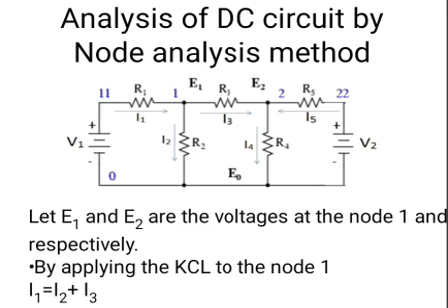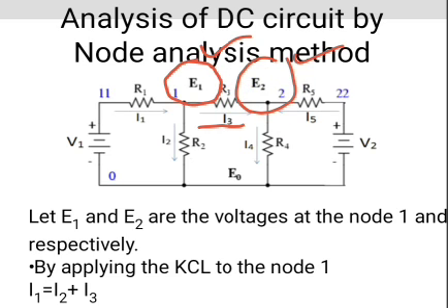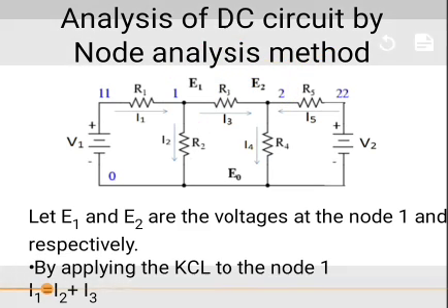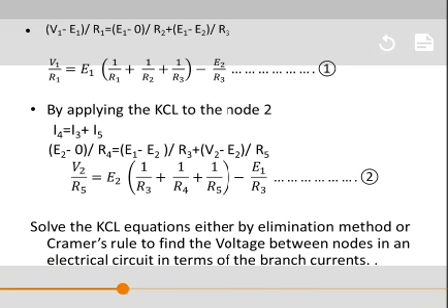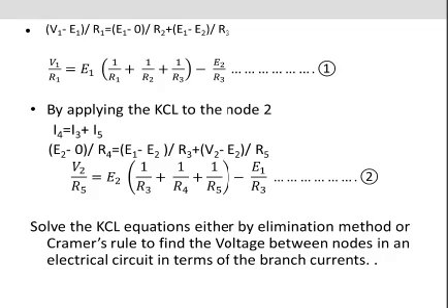The same thing, I3 equals, starting point is E1, ending point is E2, E1 minus E2 divided by R3. By solving, you will get equation 1.